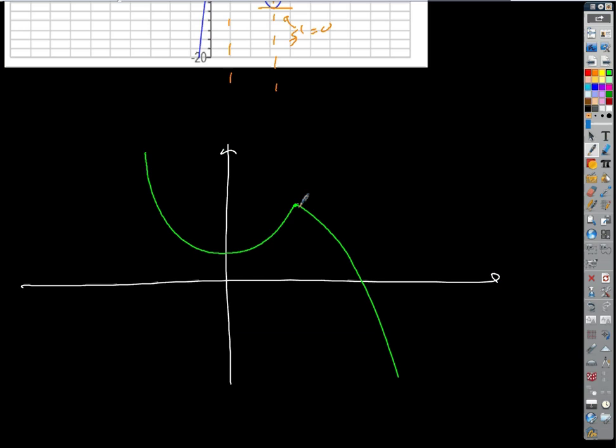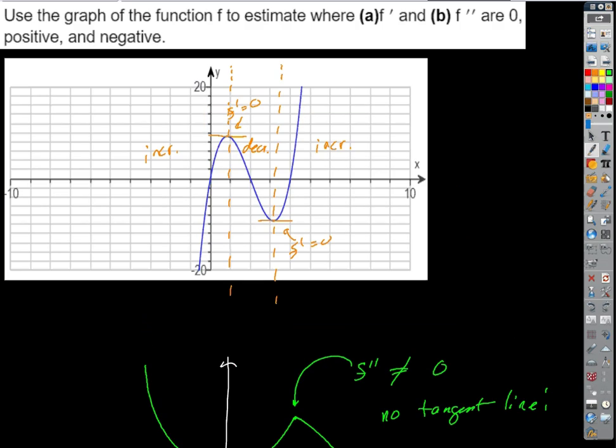The derivative doesn't exist, and so the second derivative can't exist, right? But here we do. Here's a place where we're changing concavity, and we do have a tangent line, and so this is going to be the boundary between negative concavity and positive concavity.